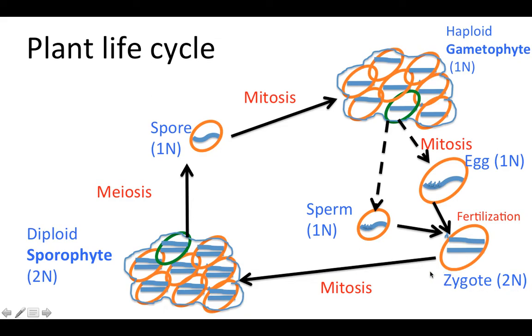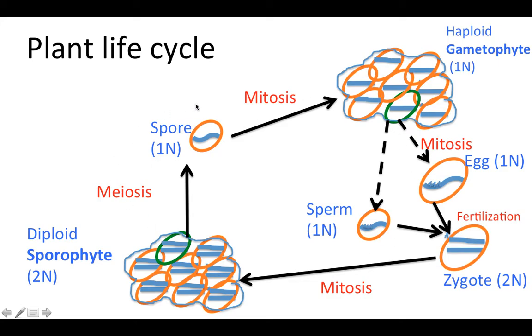The zygote then is going to go through mitosis, and this is the stage that would not happen in a charophyte, but in a bryophyte it does. The zygote goes through mitosis and creates another multicellular organism. Since this is diploid, we're going to call it the sporophyte, and the sporophyte can use the process of meiosis to make spores again, and this cycle can repeat.